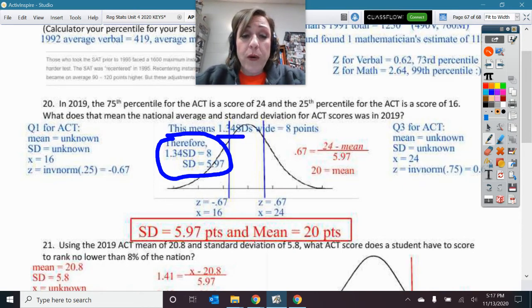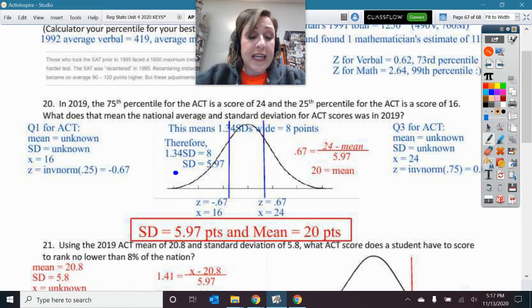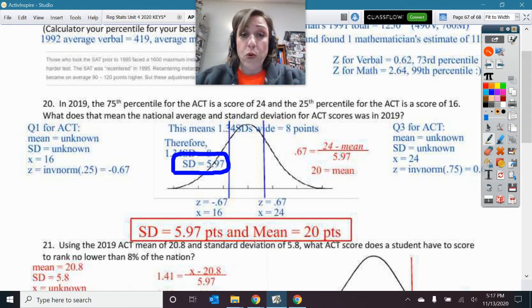So 1.34 standard deviations is the same distance as 8 points on the ACT. Because of that, I can solve by dividing by 1.34 on both sides, 8 divided by 1.34, and that's how I get a standard deviation of 5.97.